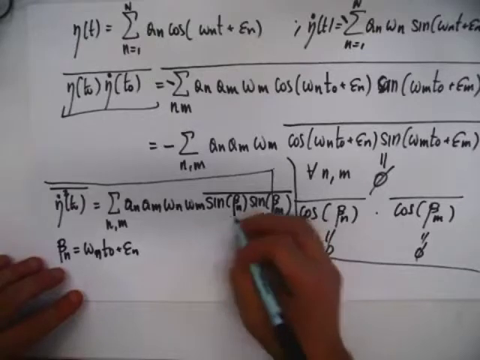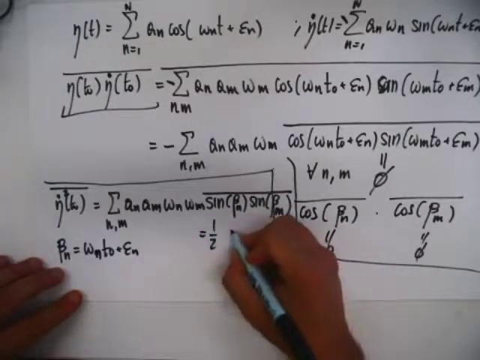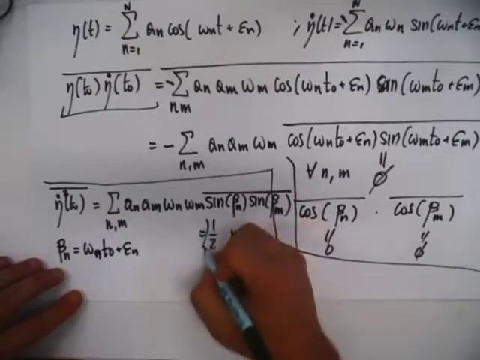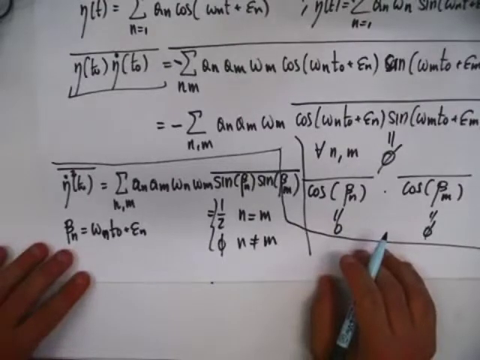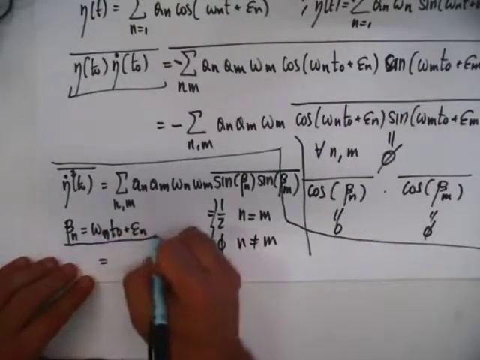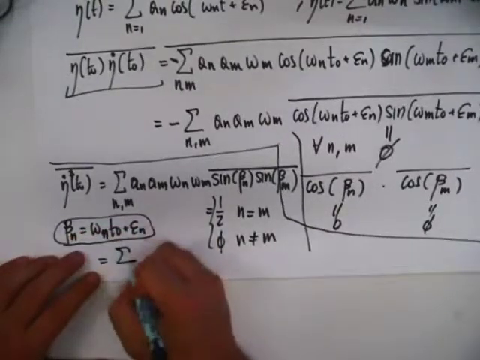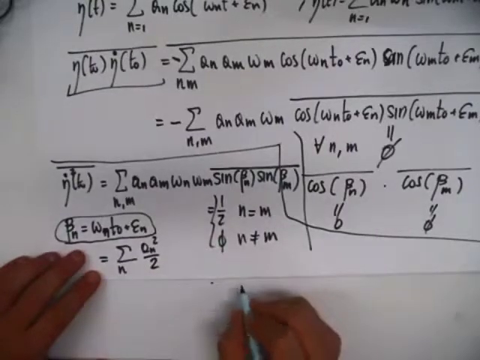This average is equal to 1/2 only when n is equal to m, and 0 when n is different from m. So this is going to be the sum over n of a_n squared omega_n squared divided by 2.